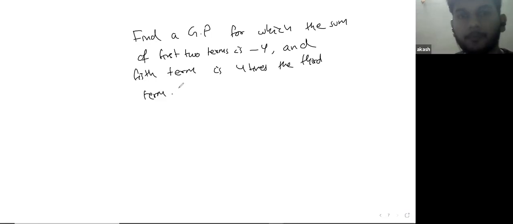Okay. Find the GP for which the sum of first two terms is -4 and the fifth term is 4 times the third term. Please try to solve this. I'll give you a few minutes. Everybody can read the question.